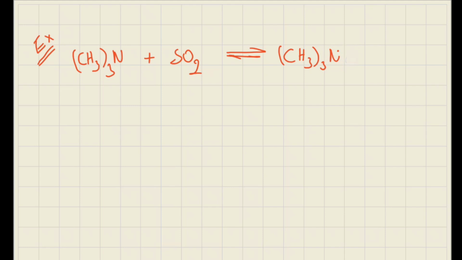So maybe I can write SO2. So here it's definitely a base. It's a good electron donor. It donates the electrons to SO2 and creates an adduct. SO2 accepts the electrons, so it's the acid. And this is our adduct.